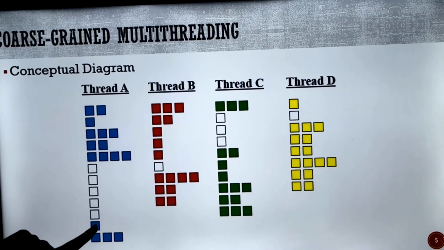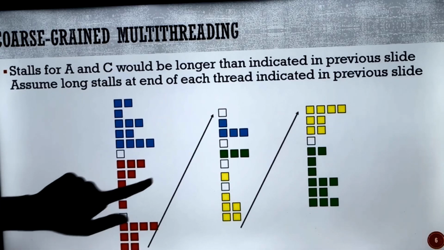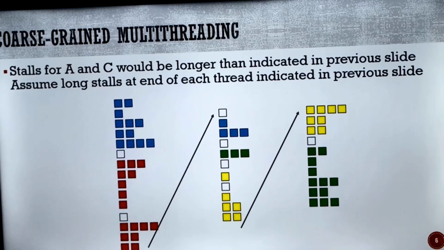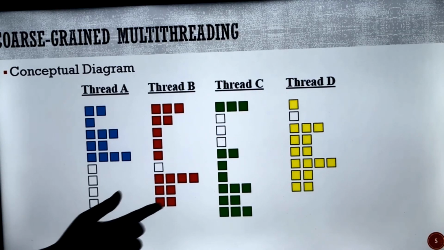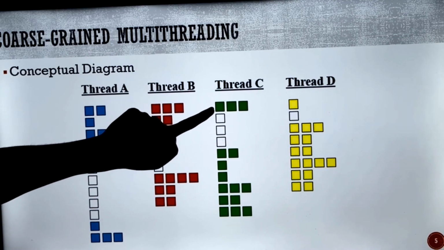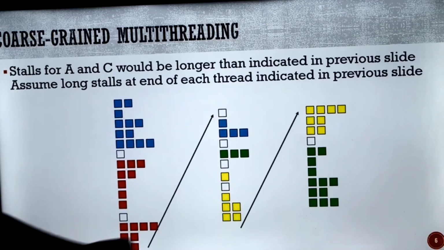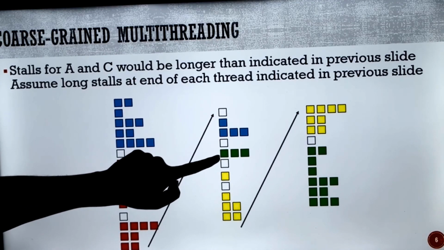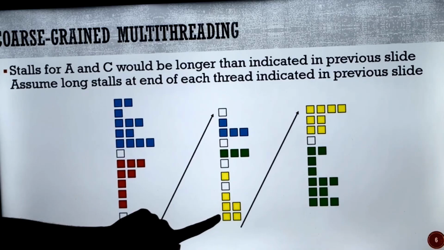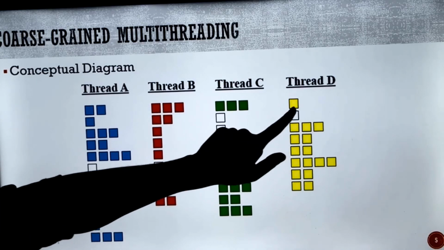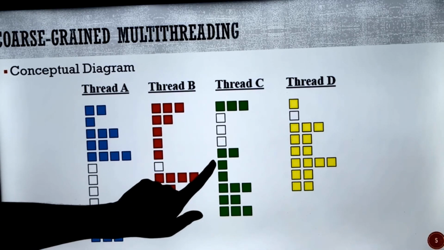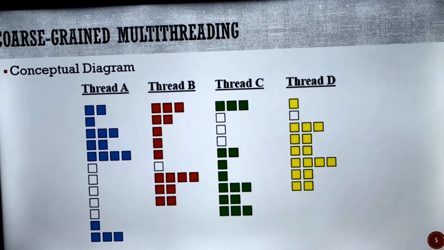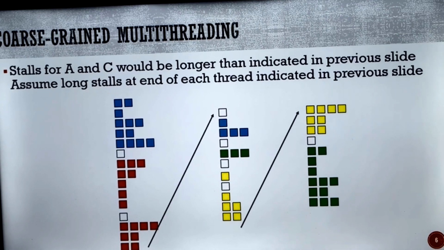After that, I will come back to solve these last 2 instructions from thread A. Then I will go for thread C and execute only one instruction, then go for thread D because of this long gap. Once thread D is done, I will come back for all the remaining instructions in thread C. So this is how it works in coarse grain.